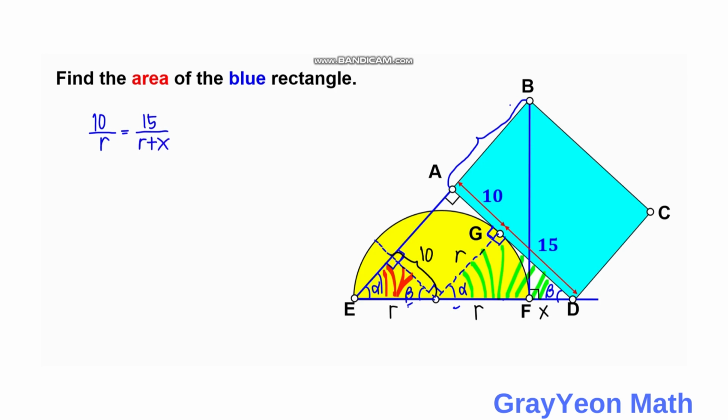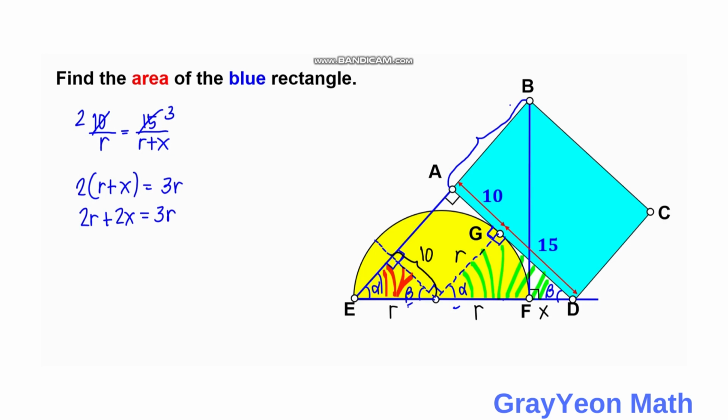So they are both divisible by 5. So this becomes 2 and this becomes 3. If we cross multiply, we have 2 times R plus X is equal to 3R. So 2R plus 2X is equal to 3R.